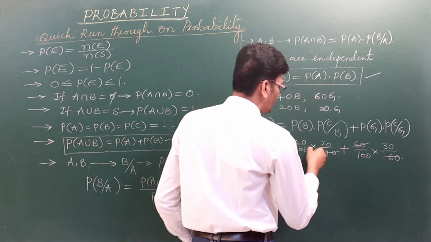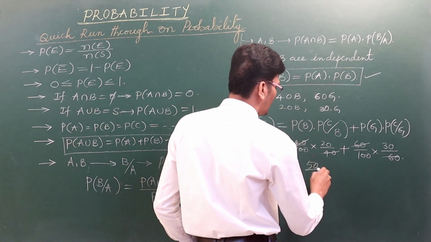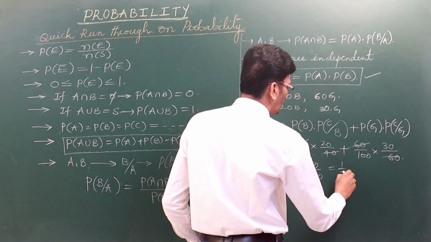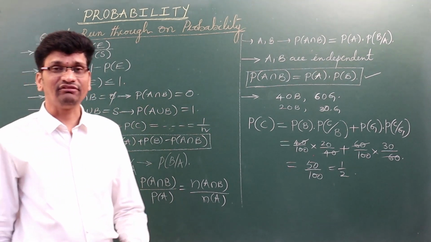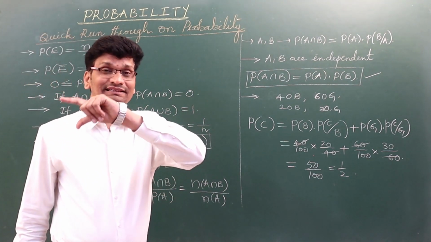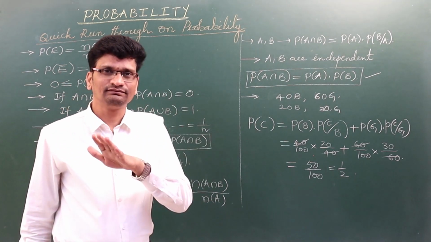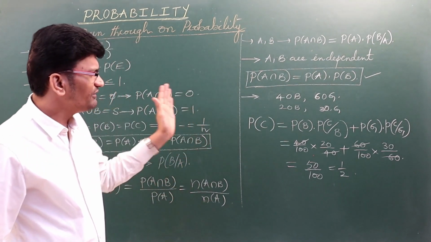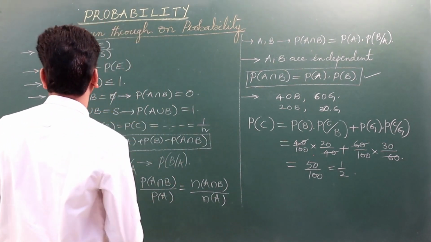Here 60, 60, 40, 40 cancel. 20 plus 30, 50 by 100, it means 1 by 2. This is called total probability, where you have the required event and how many probabilities there are for the required event. This is total probability. If we know the total probability, now what is the Bayes theorem?